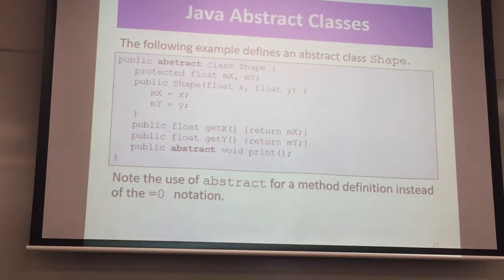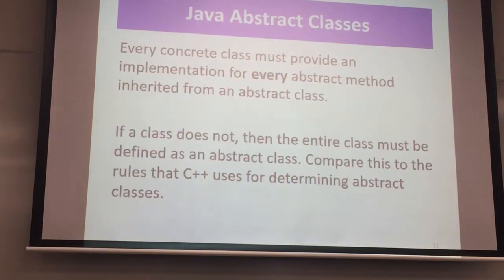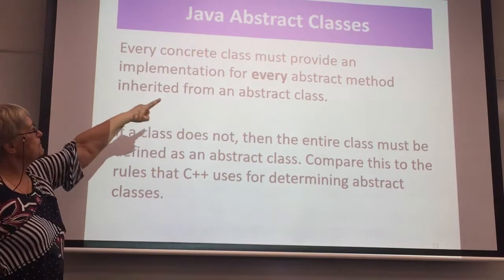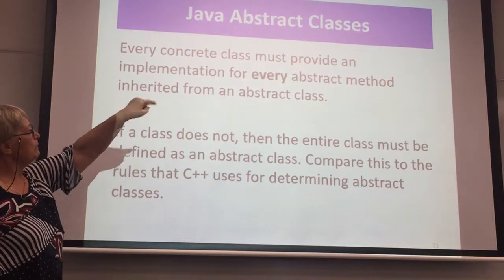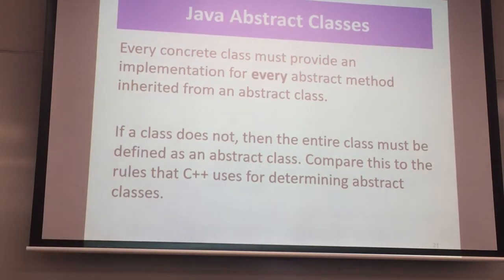Then toString, because you don't have any method. How can you put toString for an object? You don't know what the object is about. But then there are classes derived from Object which can implement them. Every concrete class must provide implementation for every abstract method inherited from an abstract class.